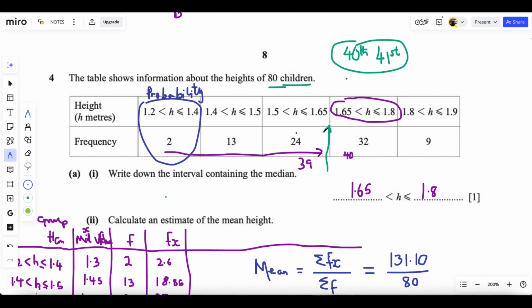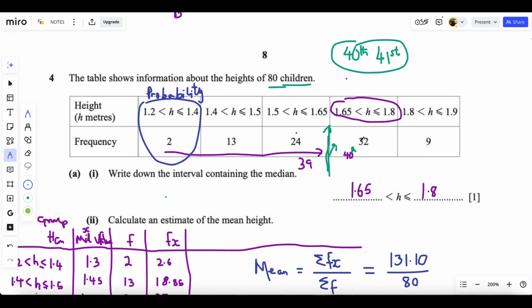So the 40th is in the next group. The 40th and the 41st are both in this group, because the next number after 39 is the 40th, and it falls within this 32.